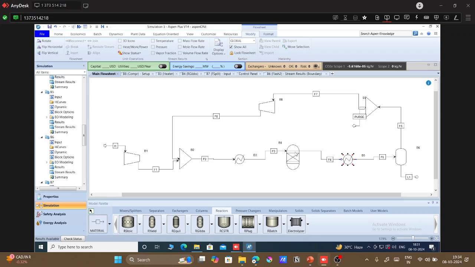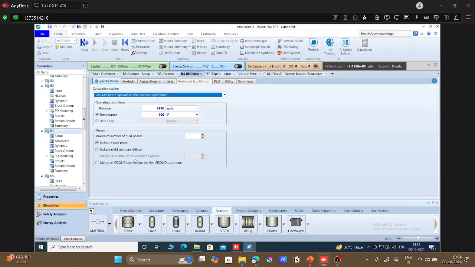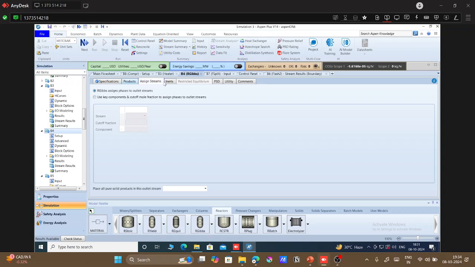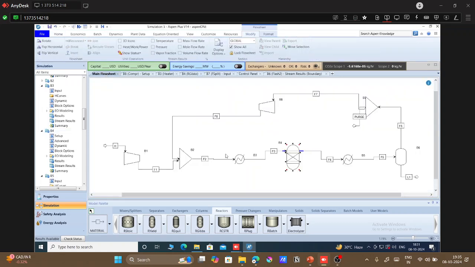Okay, just a moment. Here I want to check whether I have provided valid phases or not. Include vapor phase. You can provide CO2 as a non-reacting phase, but since it's not taking part in any reaction here, it doesn't matter.